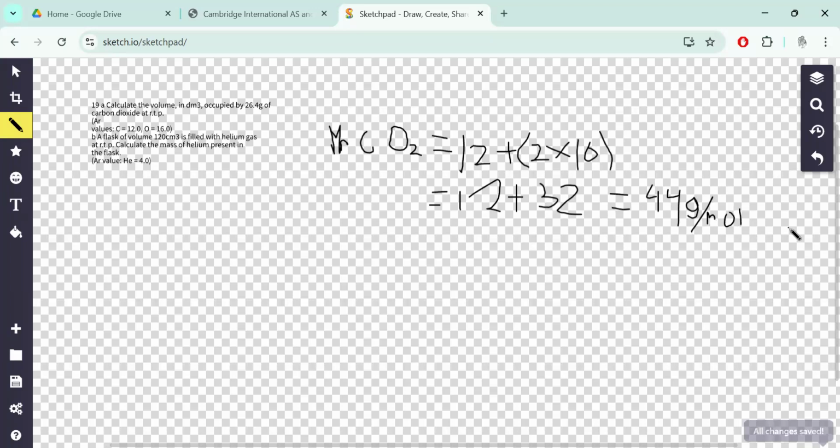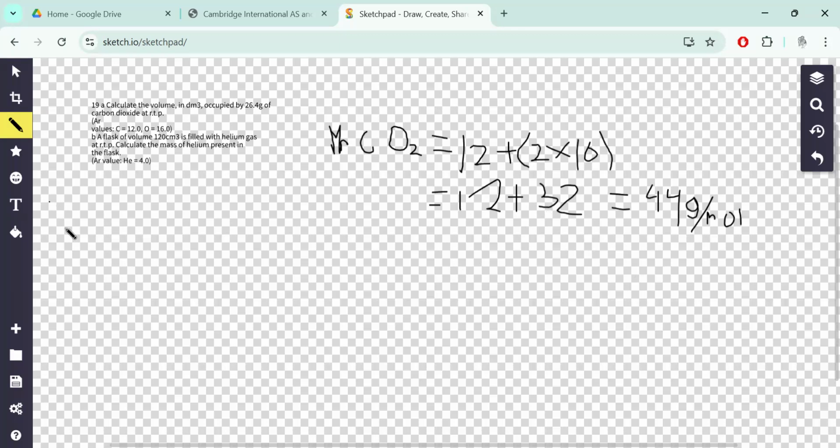Okay, so this is the Mr value. So the next one, okay, so this is a gas here. After finding the molar mass, you're going to find the number of moles.